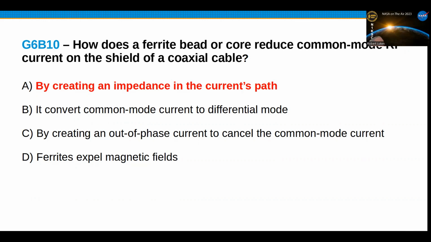Common mode is current coming down the outside of the shield. So if you put a bead around it or you wind it around the toroidal core, in effect, you're making an inductor on the outside of that shield. So it blocks, it opposes the current flow.